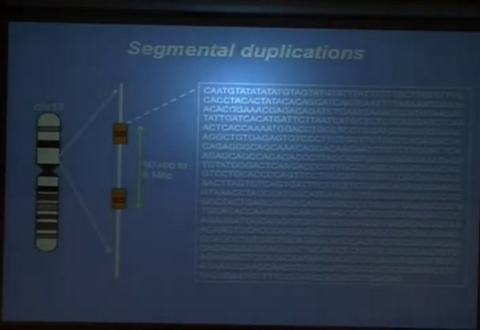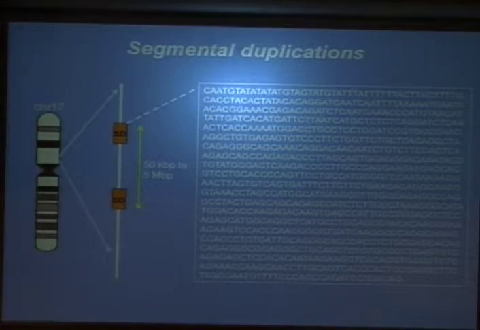Now, what are they? They're big sequences. They're generally greater than 10,000 base pairs. They are often found between 50,000 base pairs and 5 million base pairs from each other. And basically what happens is rearrangements between these two things take place because they're so similar.